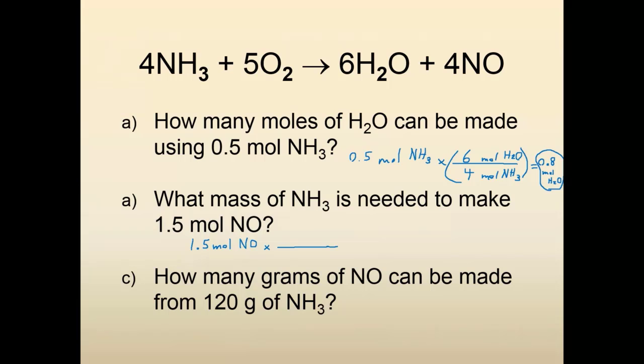So I'll go ahead and show how you would work it out, and you can let me know if you set it up properly. Okay, 1.5 mole of NO times, at the bottom you have 4 moles of NO, and at the top you have 4 moles NH3. Very good. Times 1 mole NH3 at the bottom, 1 mole.